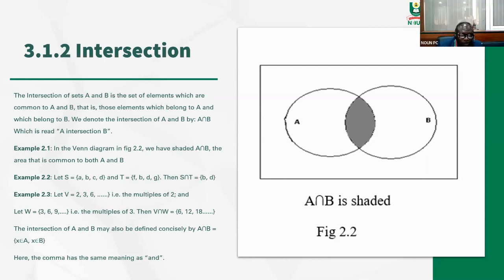What is common to S and T is D. Is that clear? Yes, sir. Now, is it S intersection T or S union T? This is S intersection T.